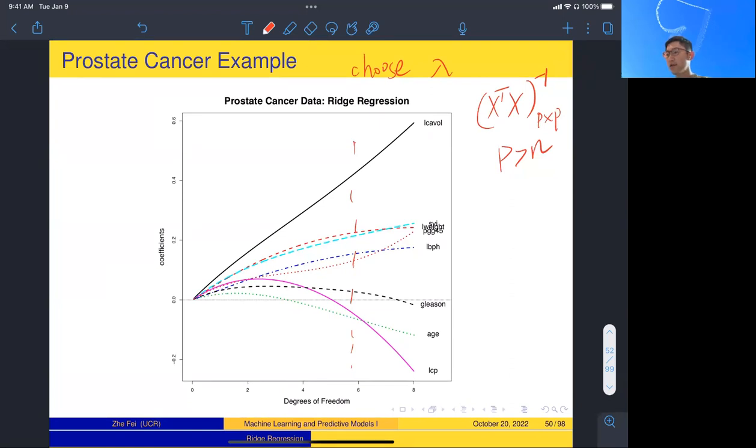So it's a very good insight you have. If you thought of this on your own, it's very innovative thinking. You try to estimate this P by P matrix directly.